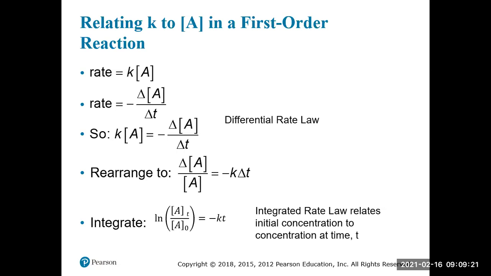So in other words, we're just taking the delta T and multiplying that to both sides. And so now we have minus K times delta T, and then we divide each side by the concentration of A. So it's delta A over A equals minus K delta T. We can do some mathematical things to this, and basically we develop the integrated rate law.